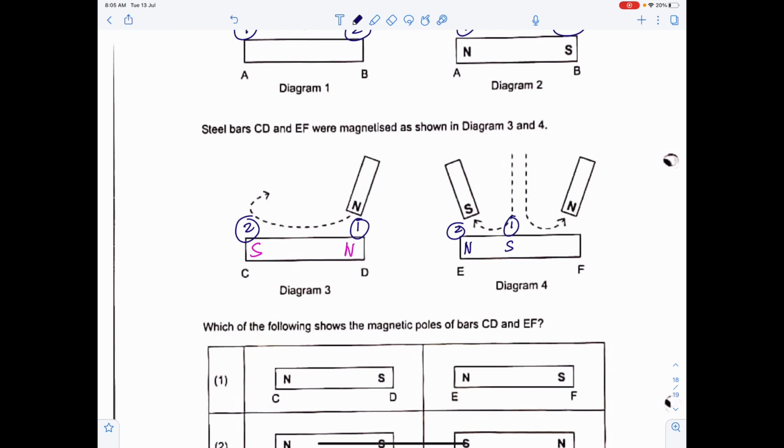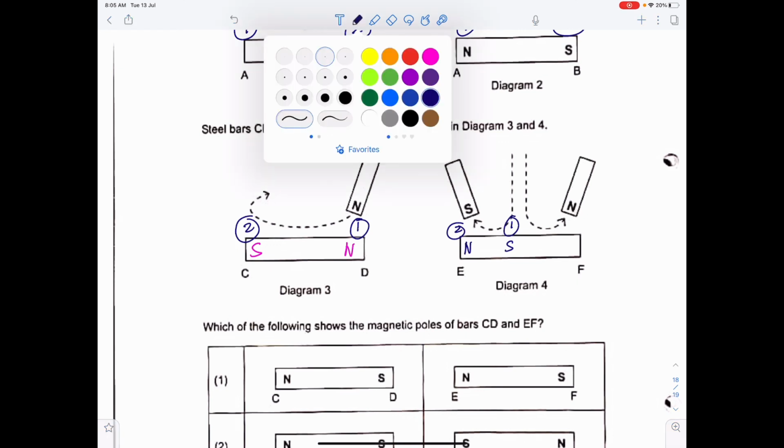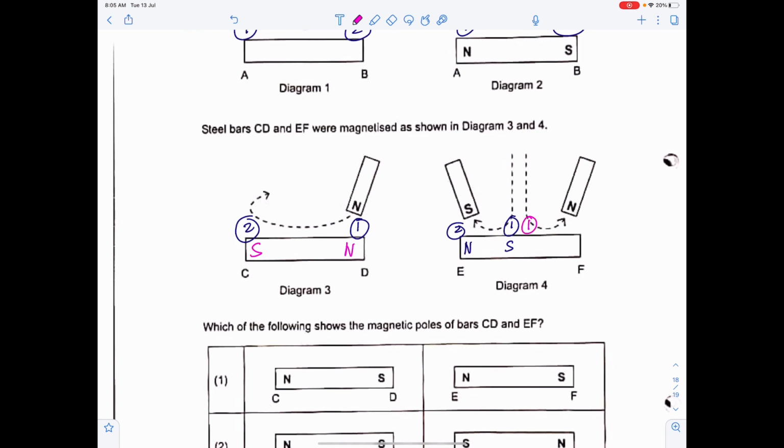So obviously you will want to check whether or not this is correct. Over here, this is your first position, whereas this is your second position, because it's stroking this way. The part that touches this side first is your north pole, and when it leaves is your south pole.